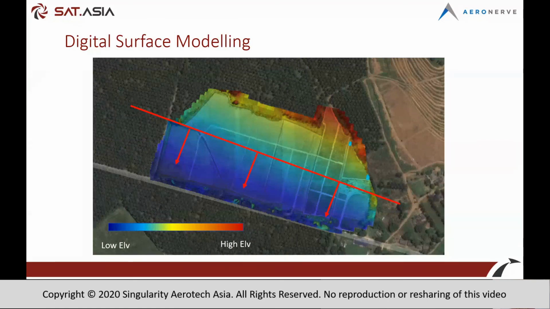Another application is digital surface modeling. Basically, it's looking at the elevation. So you know which regions have higher elevation and which regions have lower elevation. So in the event of heavy rain, you know where the water will flow and which locations need a bit more care in terms of flooding mitigation.